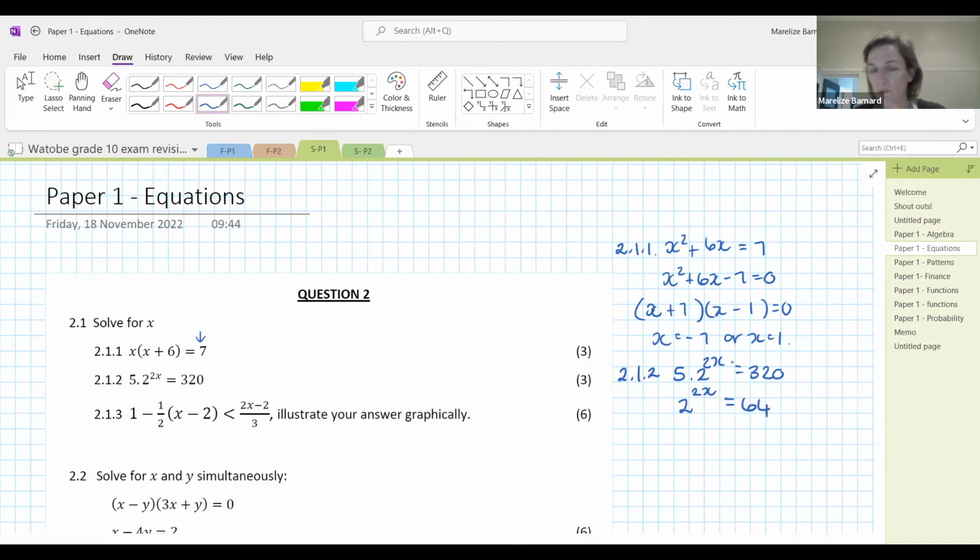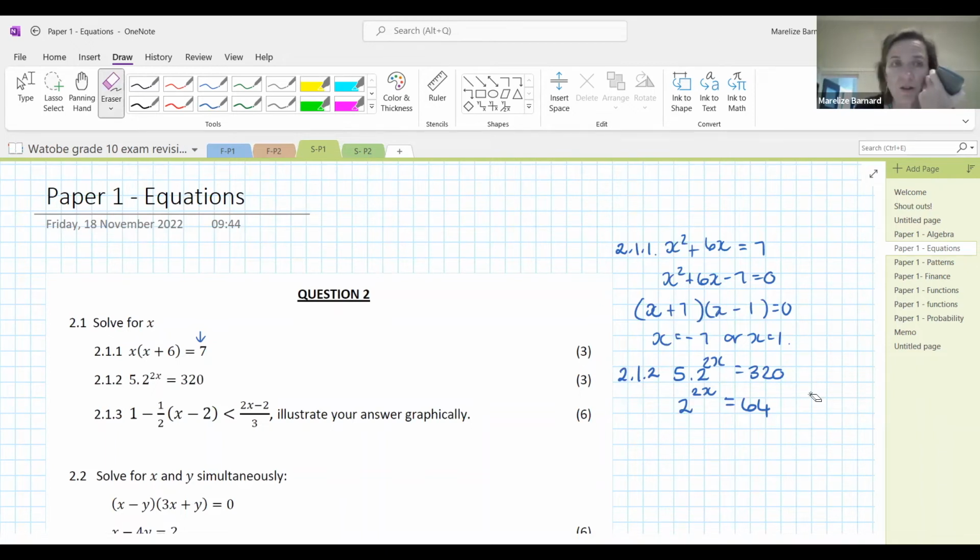And now what can we do from here? Okay, so this is an exponential equation. If we divide this by 2, we're going to complicate things quite significantly because it'll actually just be 2 to the 2x minus 1.